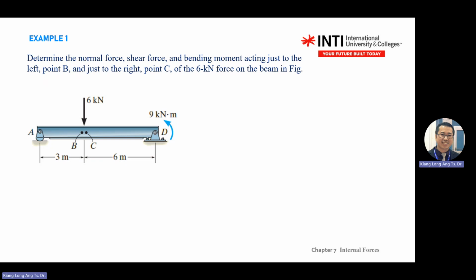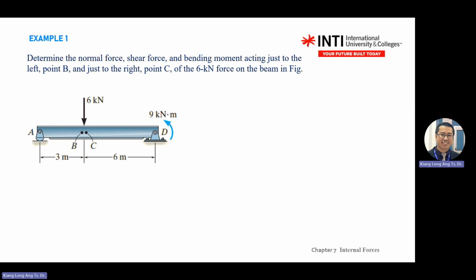What else? Shear force goes down, opposite of this one: VB.